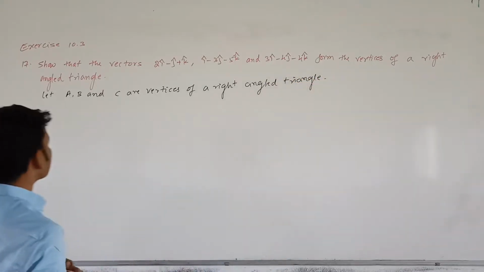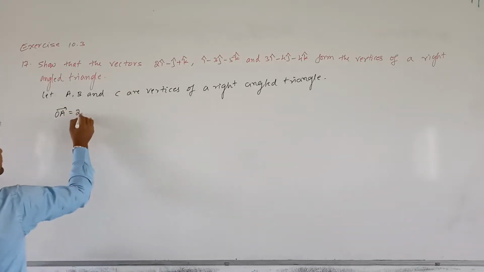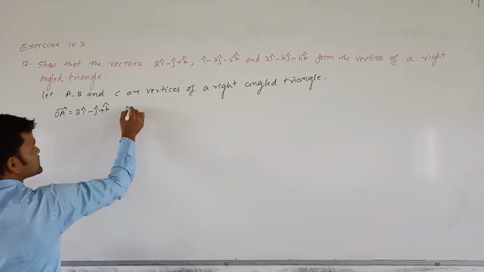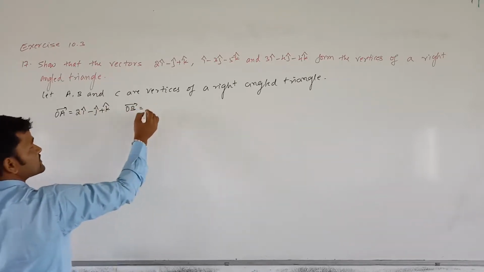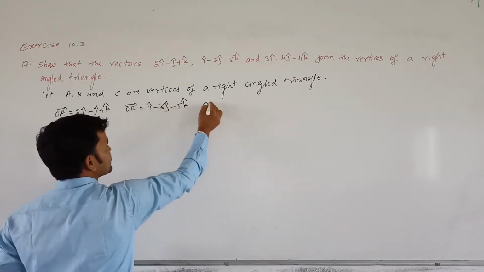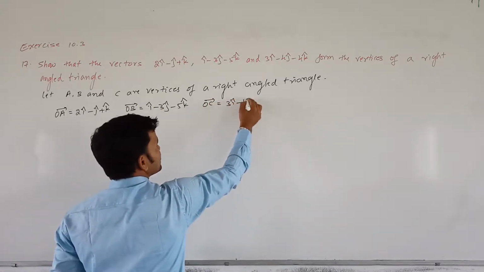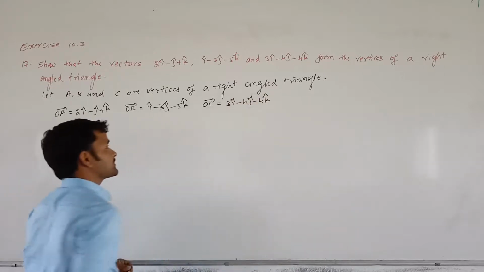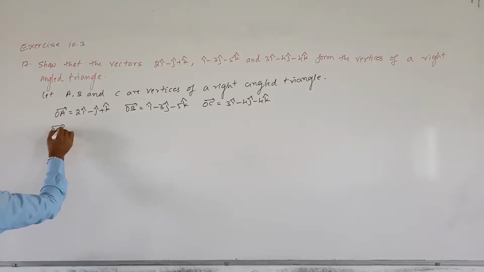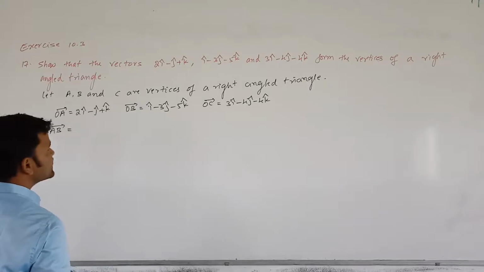Here, OA is the position vector of the first point, that is given as 2i minus j plus k. OB is the position vector of the second point, i minus 3j minus 5k. OC is the position vector of the third point, that is 3i minus 4j minus 4k.